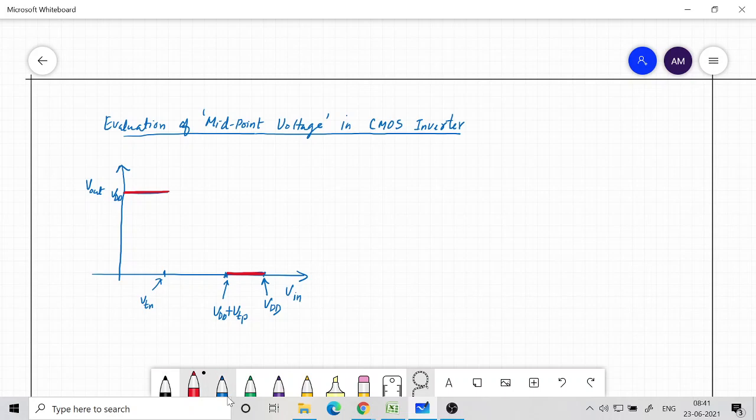So what you will see is that if channel length modulation is removed, the central part is going to become vertical. Say, let me denote that here. So the central part, for some portion, it is going to look very vertical.